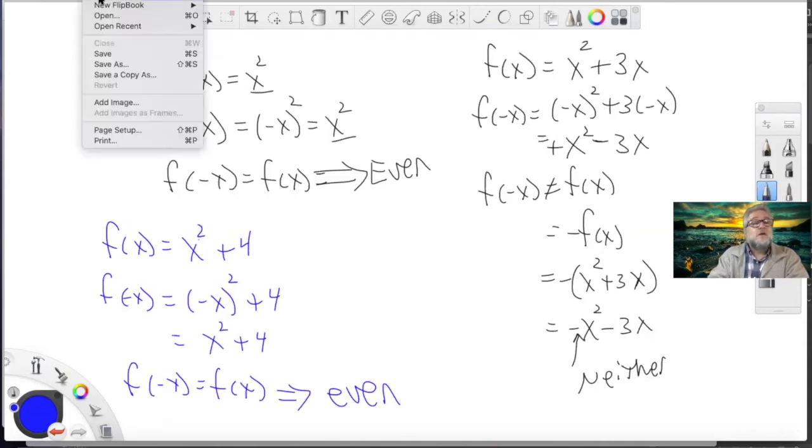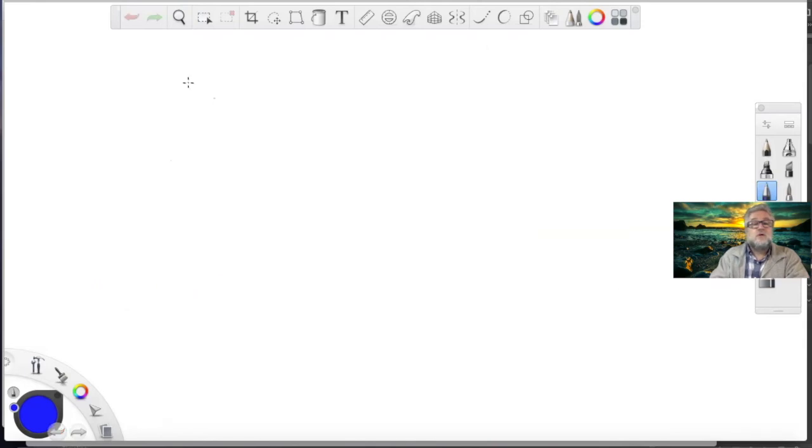If I do x to the fourth plus 3x squared, I don't know, plus, let's do a negative number, minus 7. There you go.